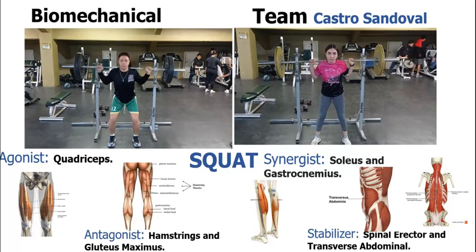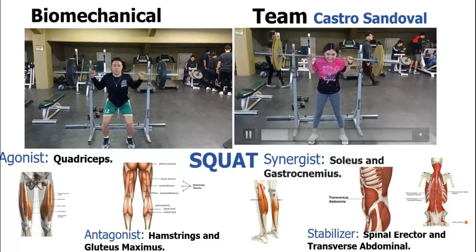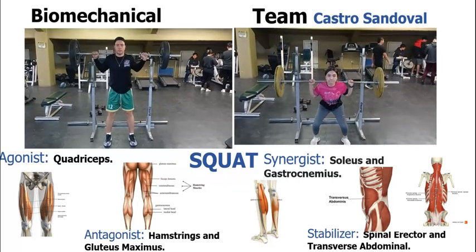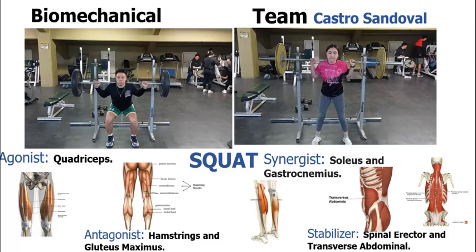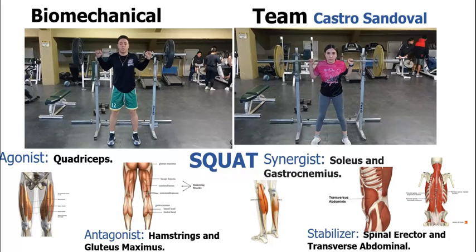The quadriceps are responsible for extending the knee, while the gluteus muscles help with extension as you rise from the squat position. The antagonist muscles of this exercise are the hamstrings and the hip flexors. These muscles oppose the movement by resisting knee extension and hip flexion, helping to slow down and control the descent during the squat.